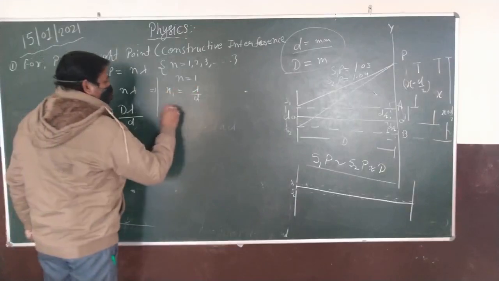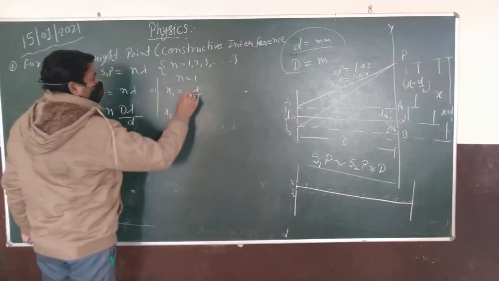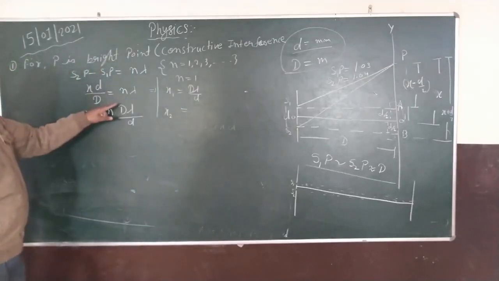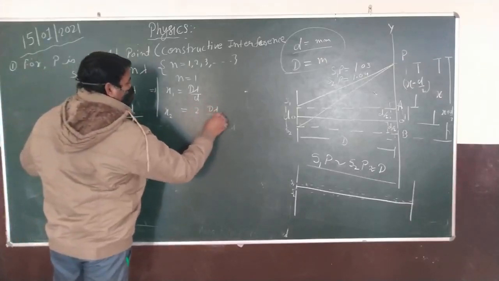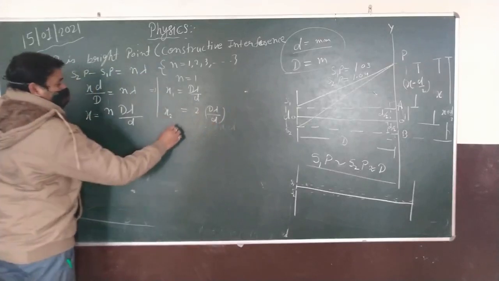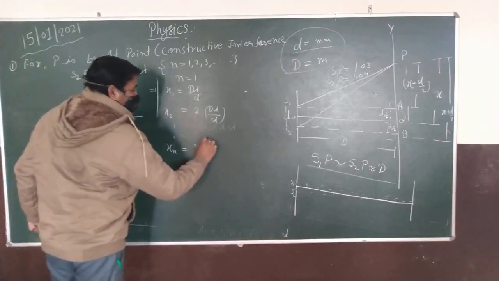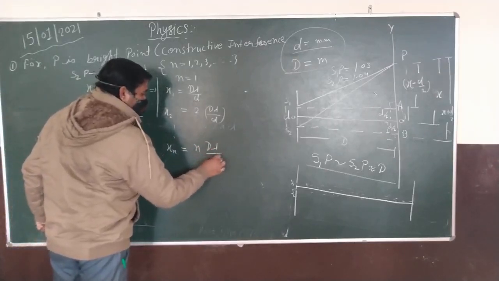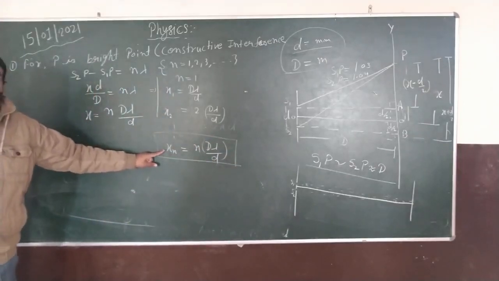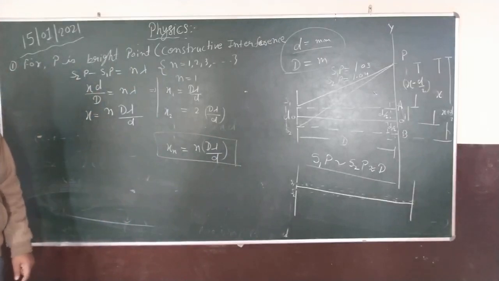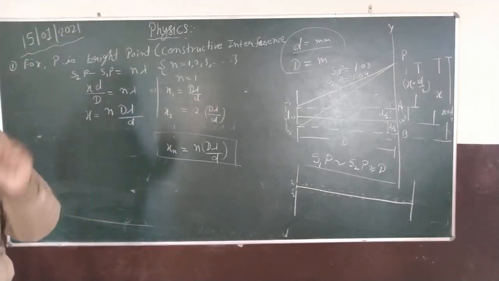When we use n is equal to 2, this will become 2 D lambda by d, and so on. For x equal to n, we get the result n D lambda by d. Okay, so this is the nth bright fringe at P. Clear?